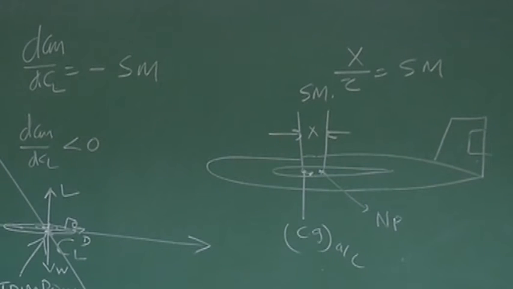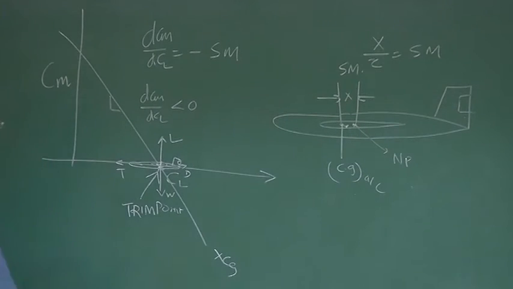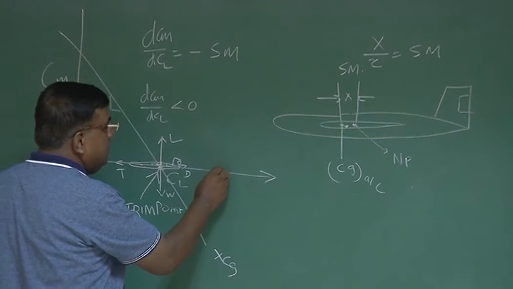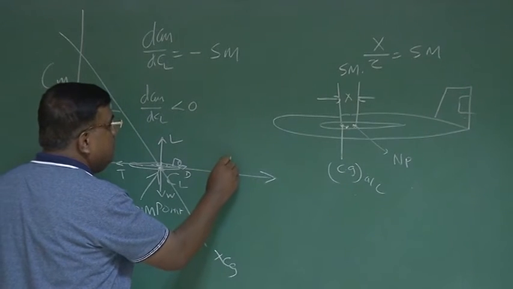Now, what is the question we are going to ask ourselves? Now we are focusing on the control. Meaning thereby, suppose the airplane was flying here, now the airplane wants to fly here. Let's say point 2.